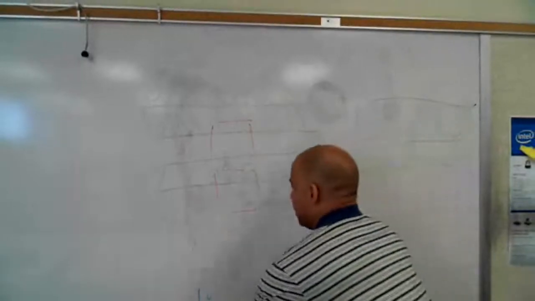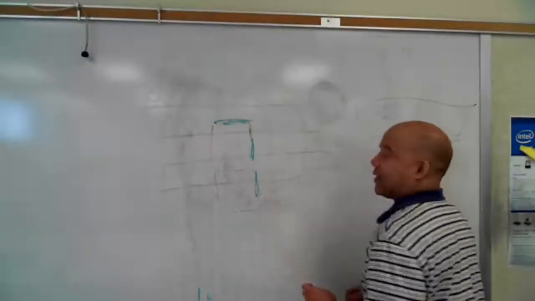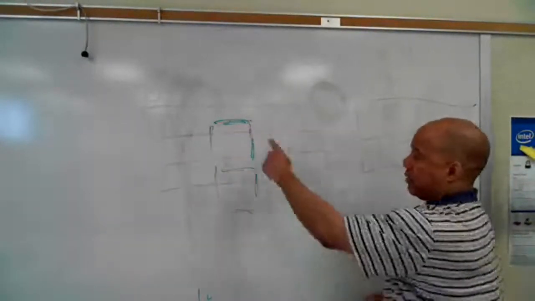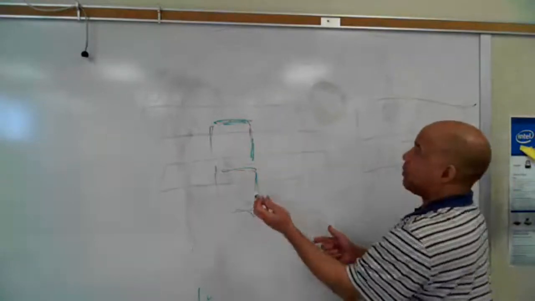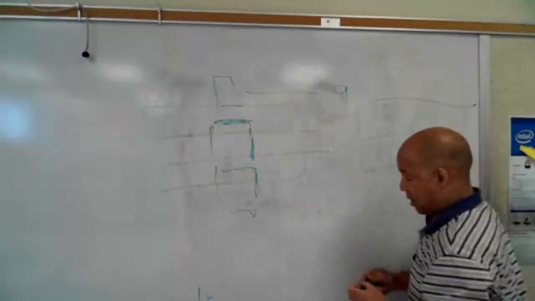If I light up this LED and this LED and this LED, that's a number 7. If I light them all up, then that's an 8. So with this seven-segment display, I can actually display the digits 0 through 9.